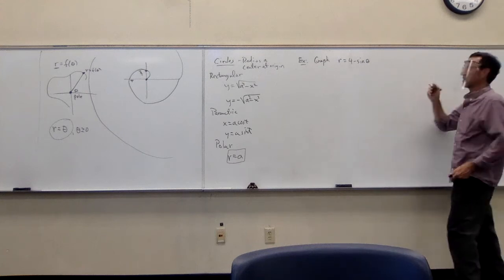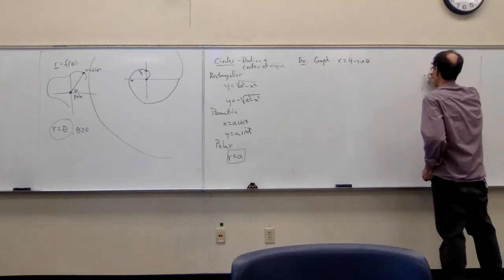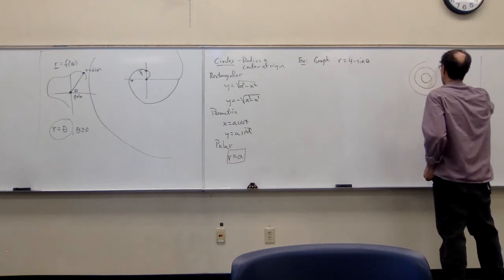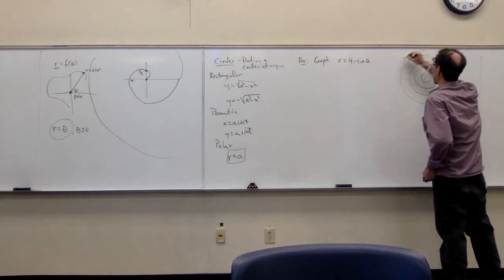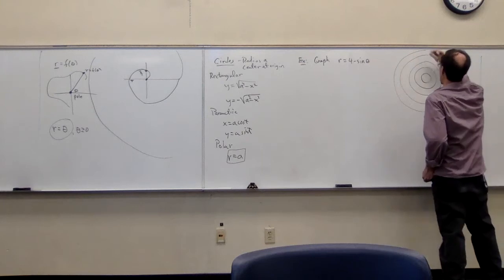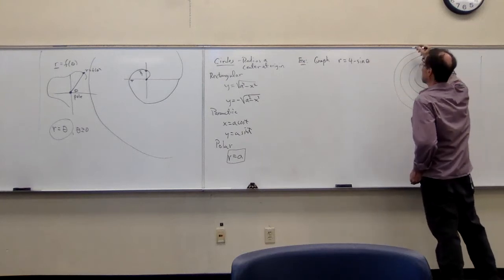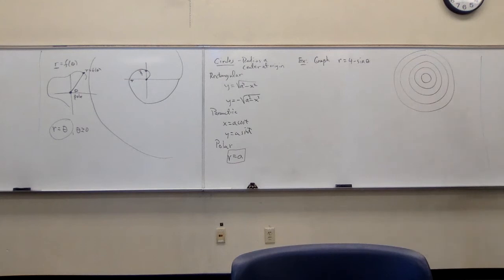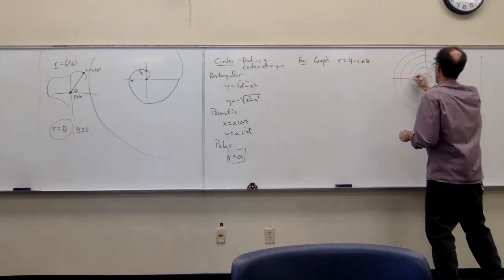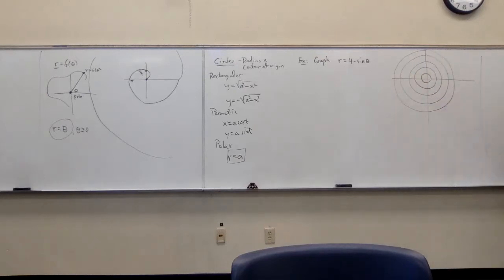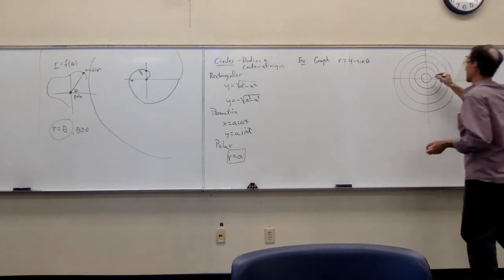I'll just draw my very best polar graph paper. Just a bunch of concentric circles. One, two, three, four, five. All right. So there's polar graph paper, concentric circles. Typically, graph paper has some angles identified.